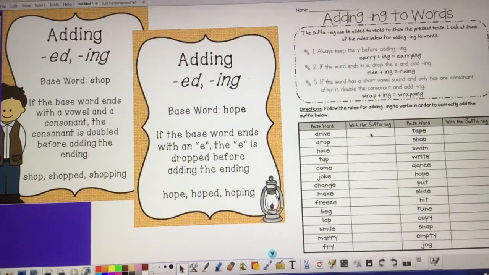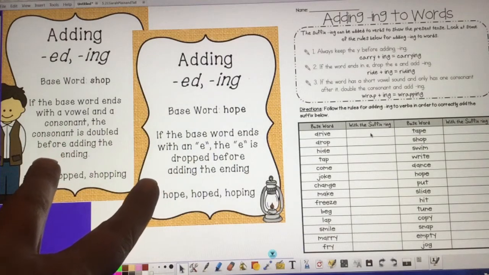So if we'd add ED, you're going to do PED. But if you're adding the ING, which we're going to be doing, you're going to add PING. Now, if the base word ends with an E, we're going to drop the E. Okay, so for hope, you would drop the E and add ED, but for this worksheet, we would drop the E and add ING. Okay, so that's from these two over here.